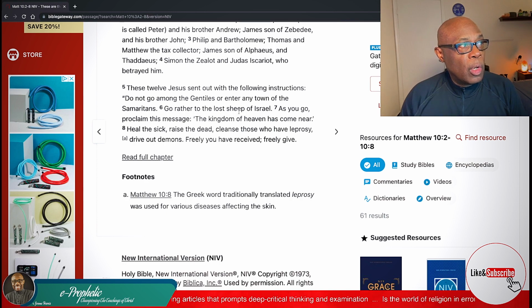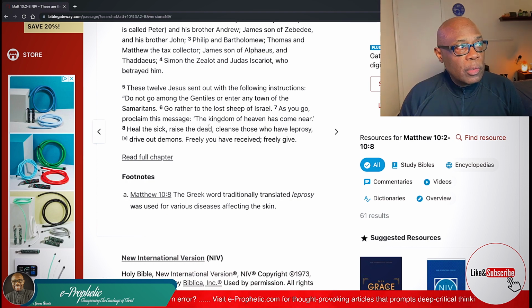Go rather to the lost sheep of Israel. As you go, proclaim this message. The kingdom of heaven has come near." He instructs them. Heal the sick, raise the dead, cleanse those who have leprosy, drive out demons. Freely you receive, freely give.